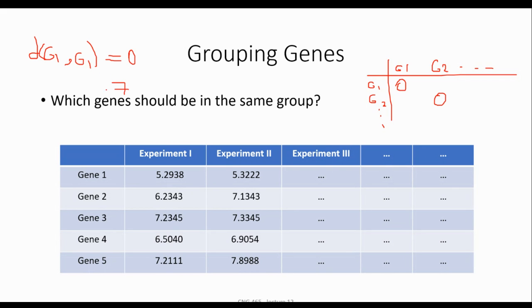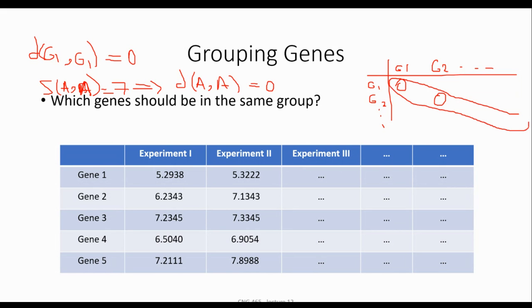For example, if it was 7 as the score of A and B, and if I ask you what's the distance between A and A, then this is 0. You don't get the inverse of that. So we should be careful about the diagonal of the distance matrix, which is always 0.